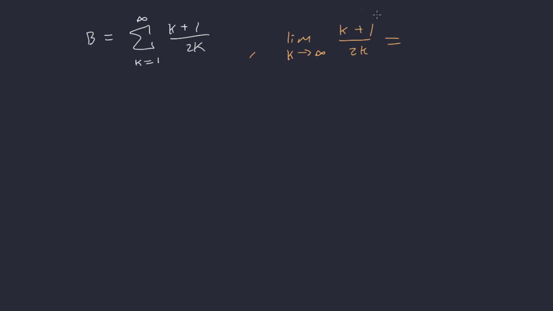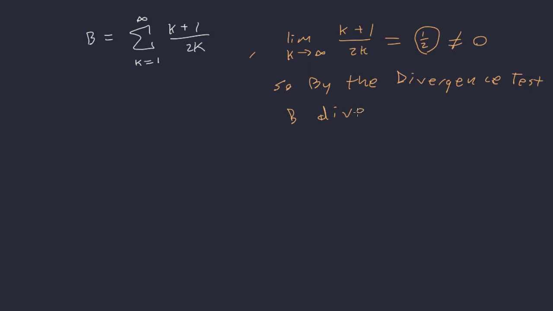Well, from our limit rules, we have matching powers of k in the numerator and denominator, so this goes to 1/2, which is not equal to 0. So by the divergence test, B diverges.